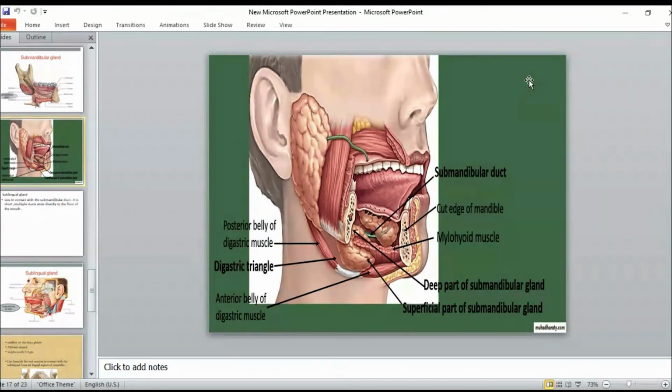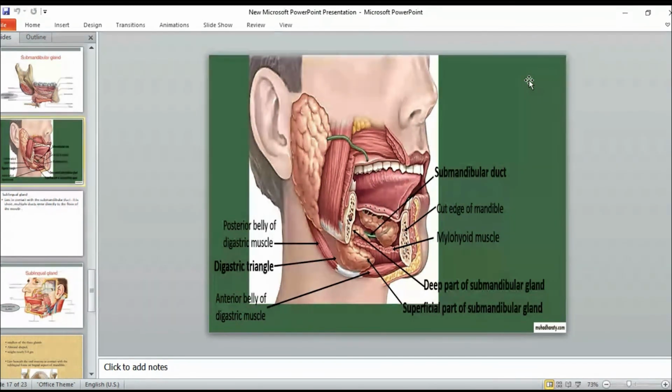Here is the superficial part of the submandibular gland, and we have the deep part of the submandibular gland. It's G-shaped, as I said. Look, you can see the G shape of the submandibular gland.